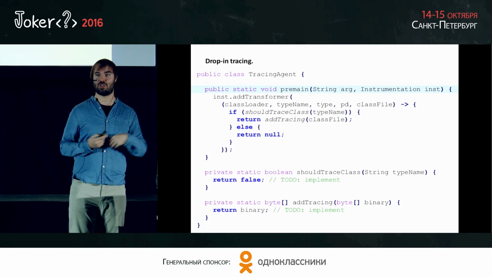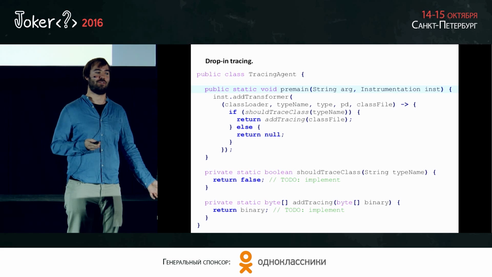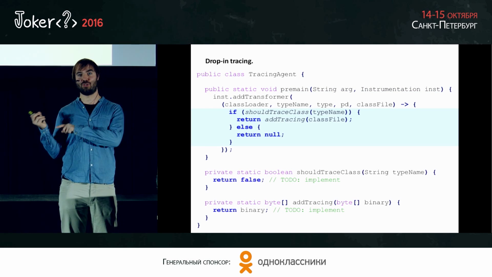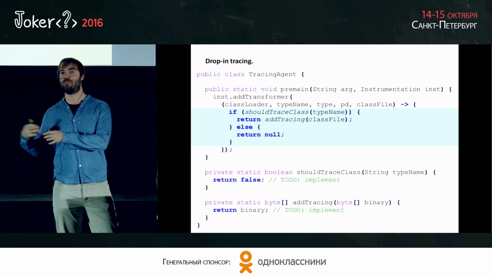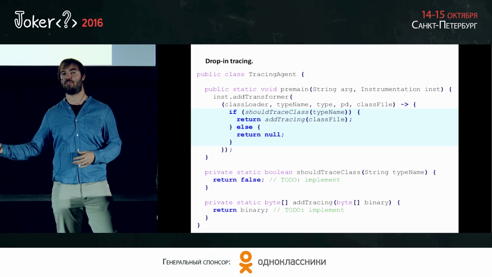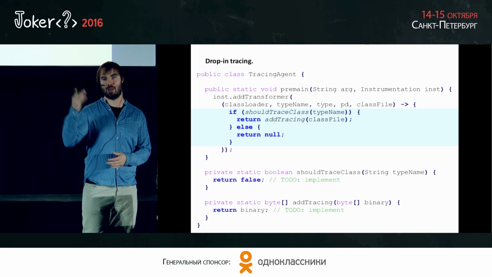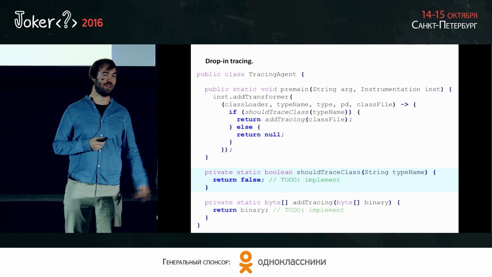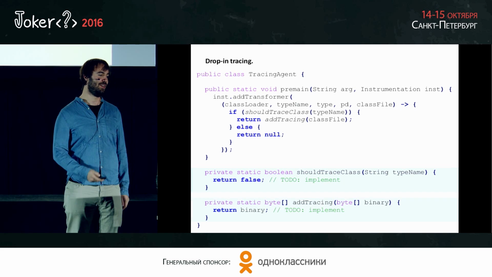And then we have a chance to add code to the servlet, and you can guess already how this works now, right? So for every class that gets loaded, we check, should this class be traced? And if it should be traced, then we manipulate the code to add these sort of Zipkin calls to the implementation, right? So my job right now is to basically fix these two to-dos. Once I'm done with that, I can move on, right?